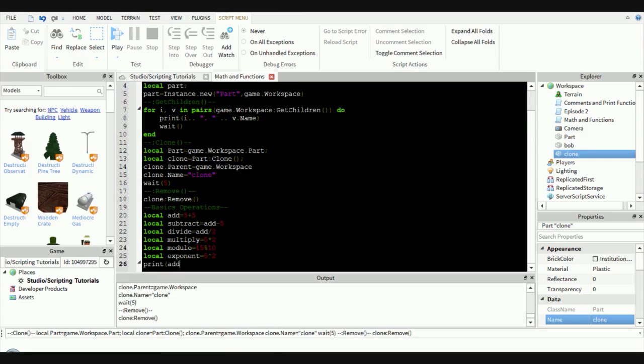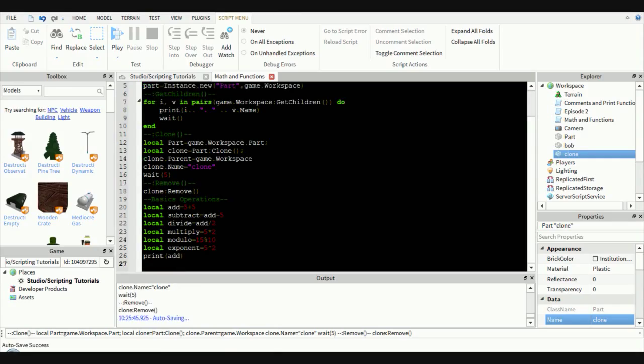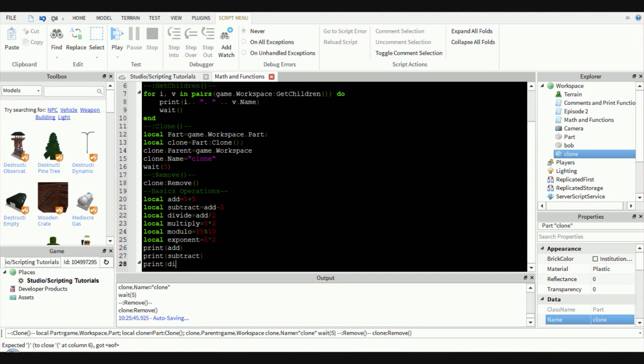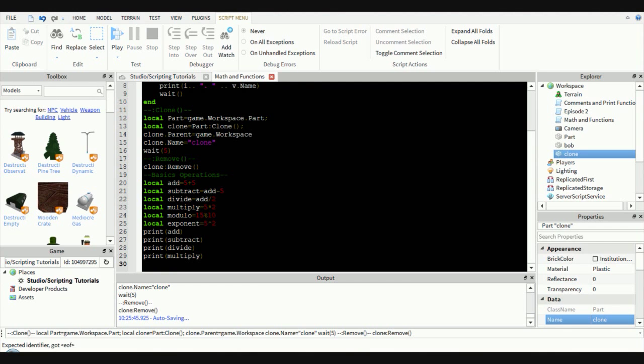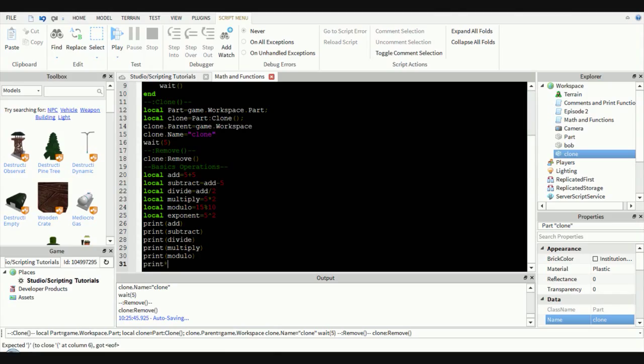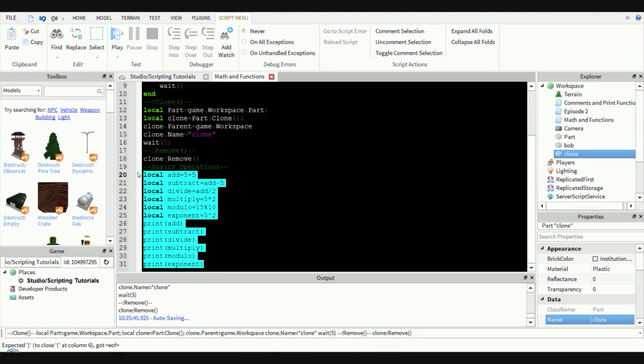Print add, print subtract, print divide, print multiply, print modulo, and print exponent. Okay, let's see if that works.